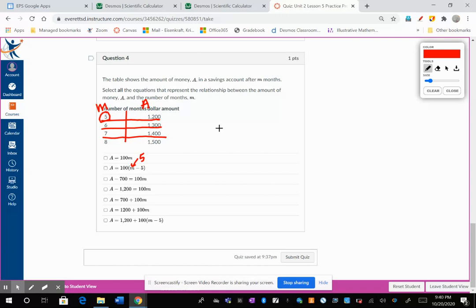Let's try the other one. What about if you take the amount, subtract 700, that equals 100 times the month. Okay, let's try it. If you take 1,200 minus 700, does that equal 100 times 5? 1200 minus 700 is 500, and 100 times 5 is 500.